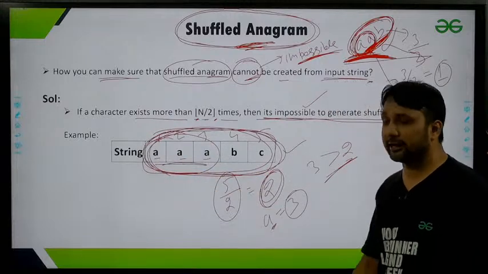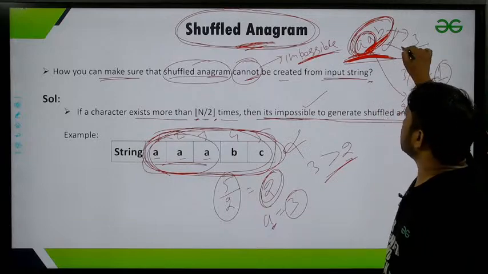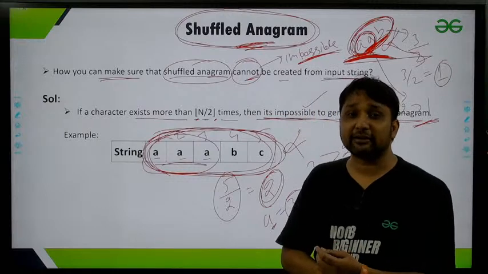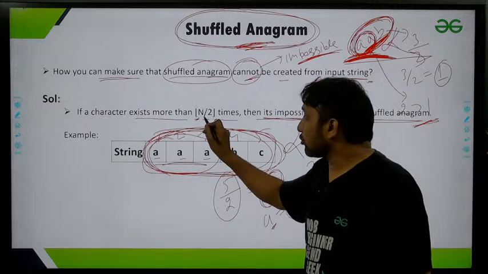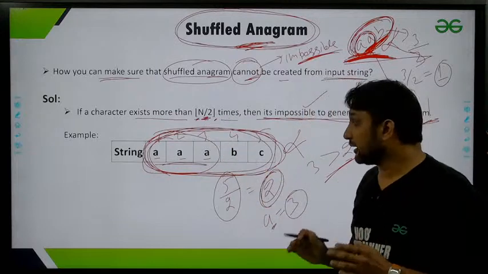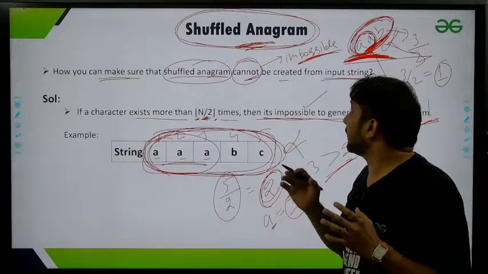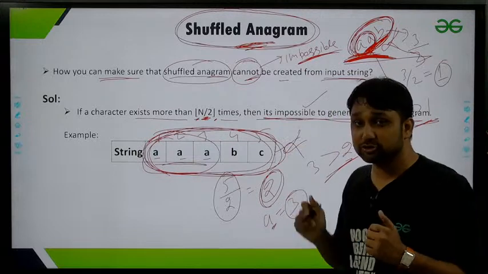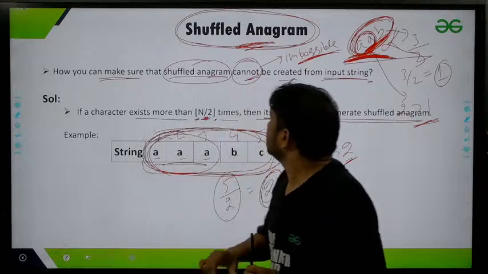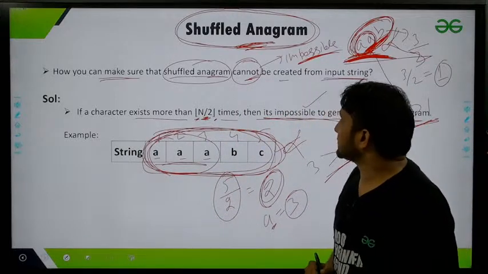If the frequency of any character is more than the lower bound of n by 2, then we cannot generate any shuffled anagram for this particular string. Okay, let's move on. We will use this concept in our next algorithm. Let's see the next algorithm.